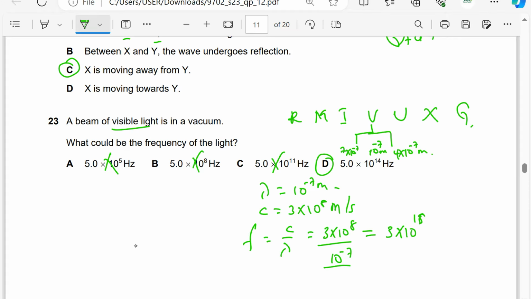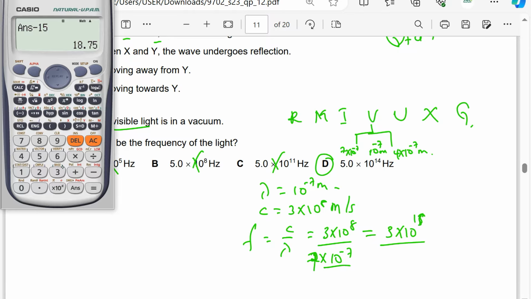If I had put, let's say, 7 times 10 power minus 7, most likely my answer would be times 10 power 14. Let me check that. 3 divided by 7 times 10 power 15.